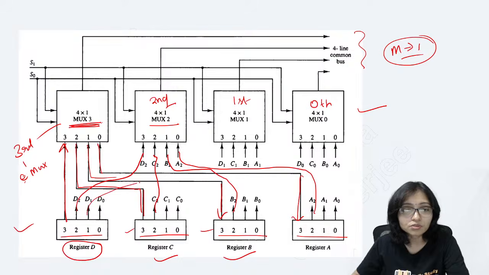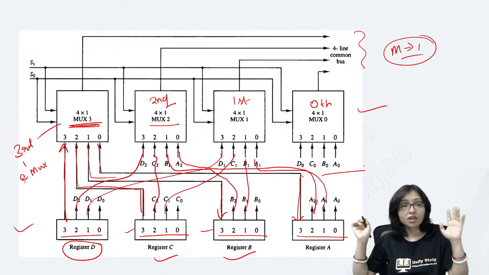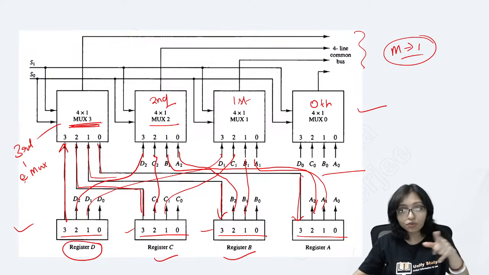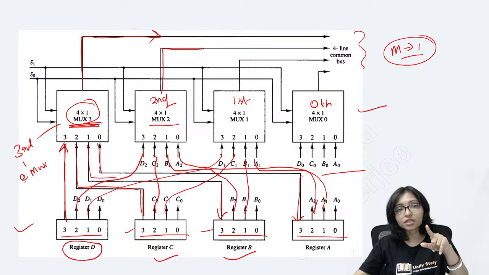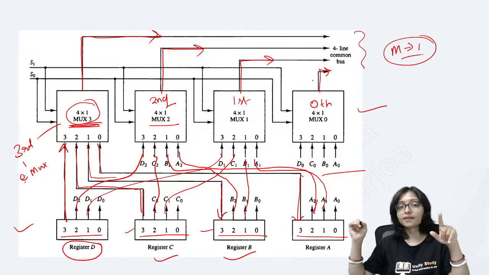It will take this one, after that this one, then this one and this one. Same way for 0 also it will work. So at a time, as they are taking from all, out of them all it will send only one data. It is going to select this one, it is going to give the answer here.